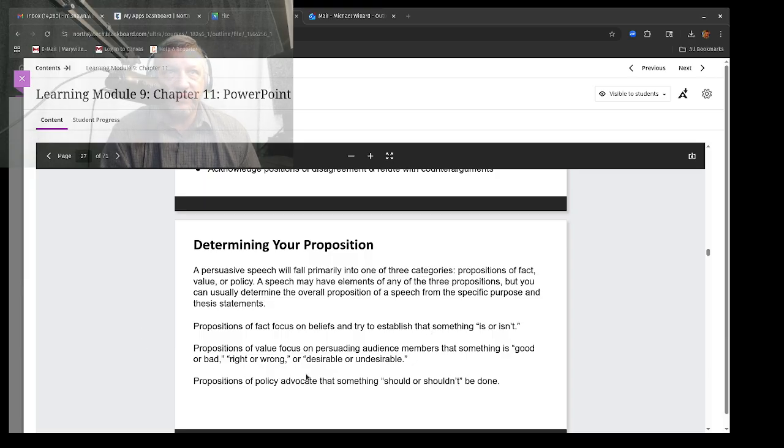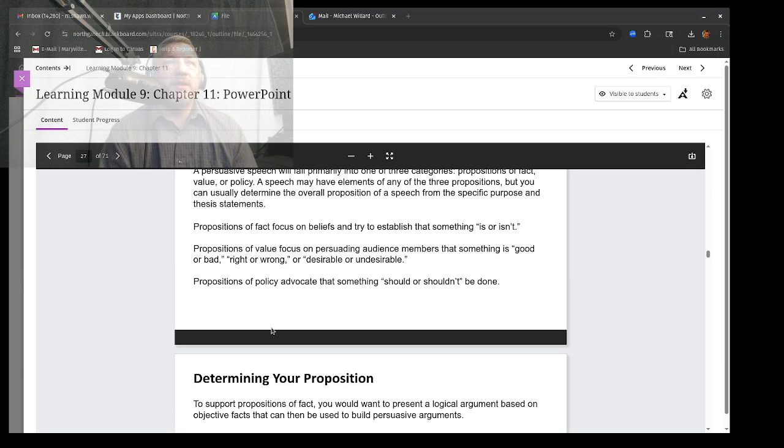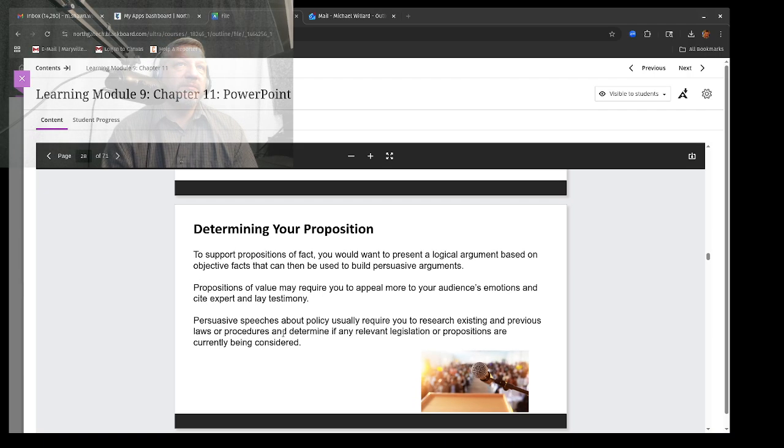Propositions of value focus on persuading audience members that something is good, bad, right, wrong, likable, unlikable. Propositions of policy are that something should be done or shouldn't be done about something. When you think about determining a proposition, you need to think about what your speech is about and then which one of those would apply.